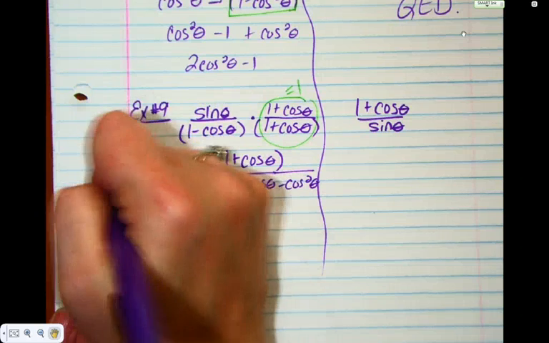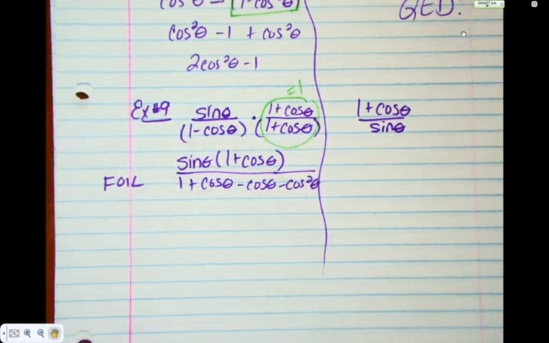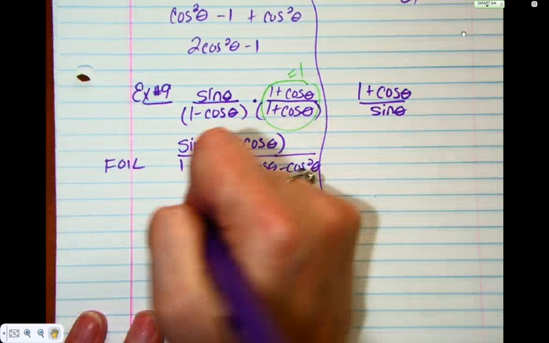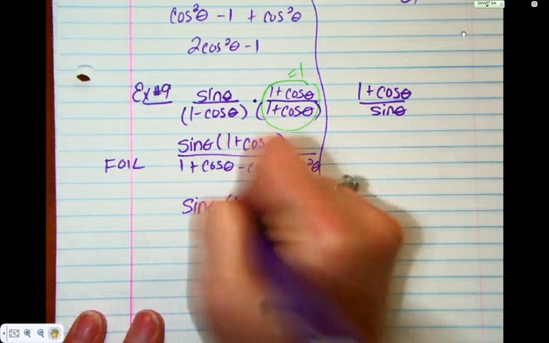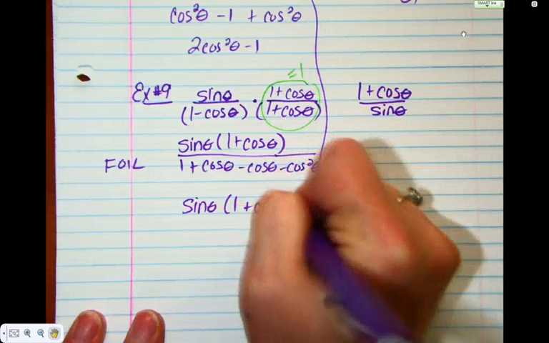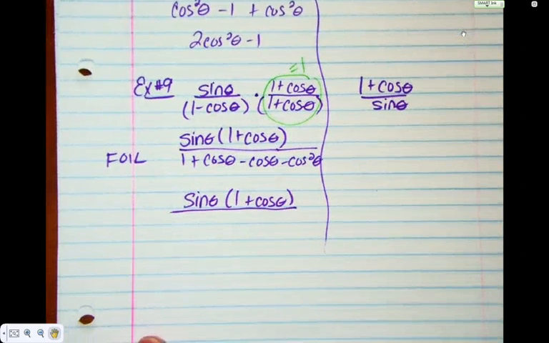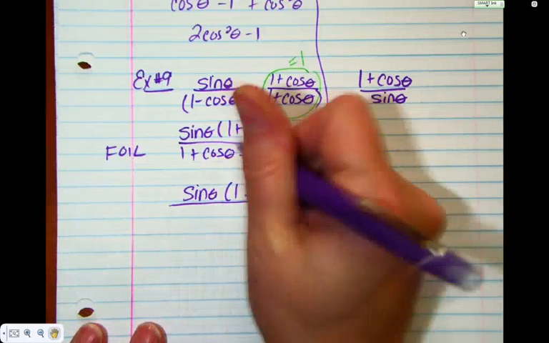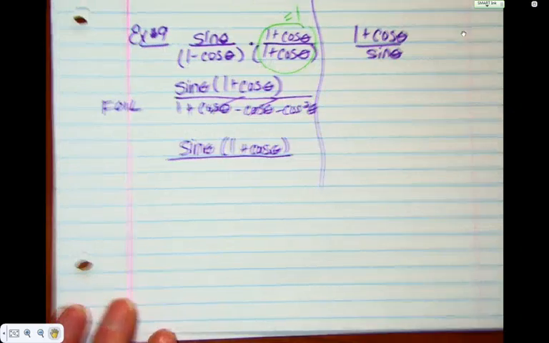Okay, so that was just a FOIL. Still keeping the top, still not multiplying it out. Simplify the bottom. Oh, coses cancel. Okay, so what am I left with?